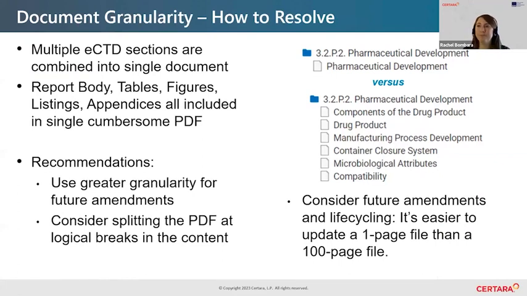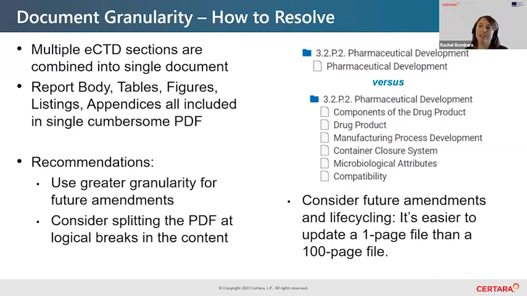So again, say the right granularity wasn't used. Then you have these large documents to work with, or maybe eCTD sections weren't broken down in an ideal way. Well, again, think to the future or for future amendments, how can it be fixed so that there is more granularity with these documents?